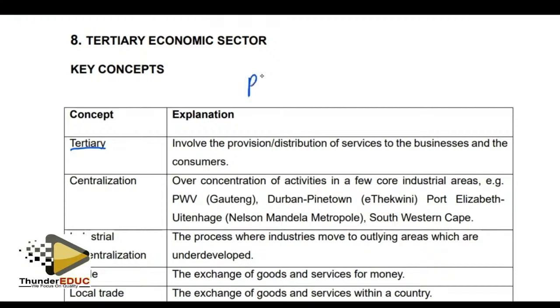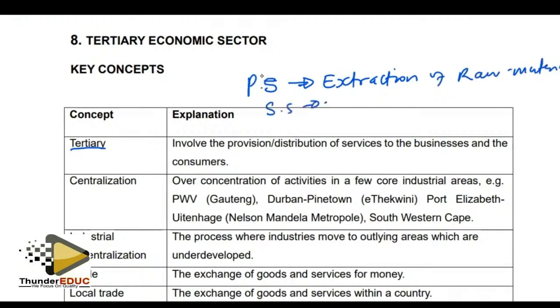Like we saw, the primary sector is about extraction of raw materials. Then we saw the secondary sector, processing of raw materials.